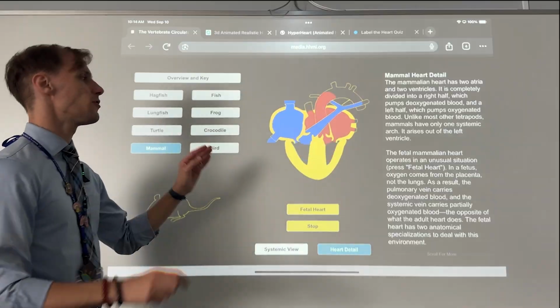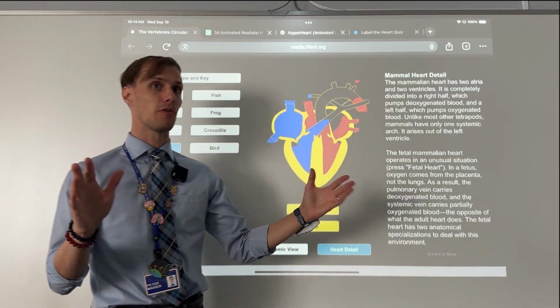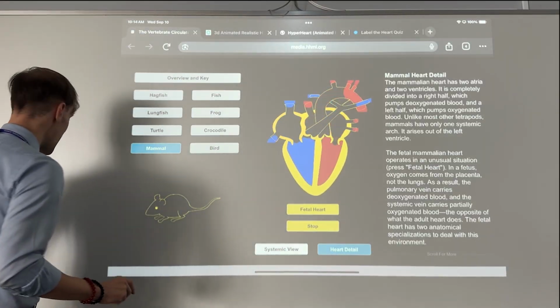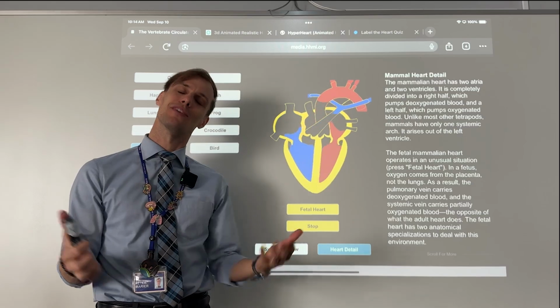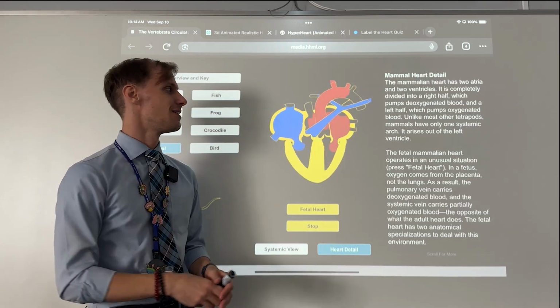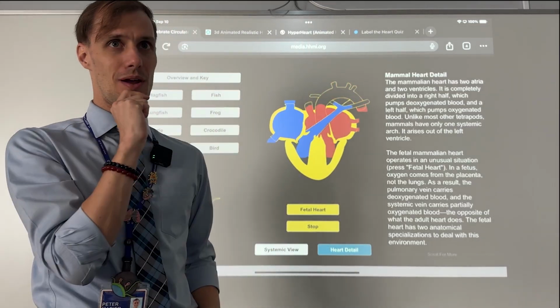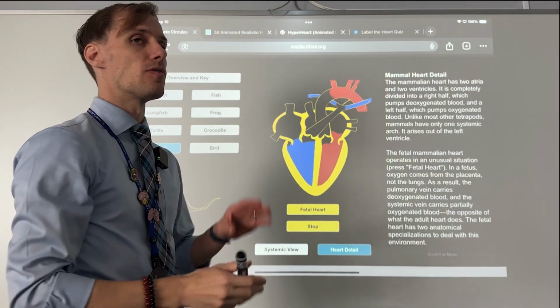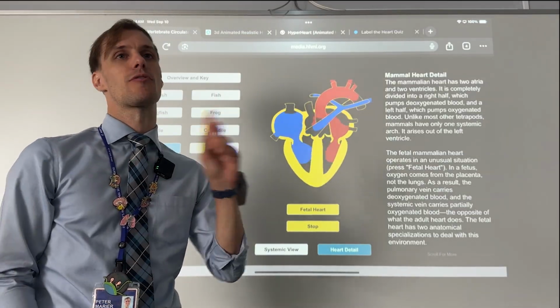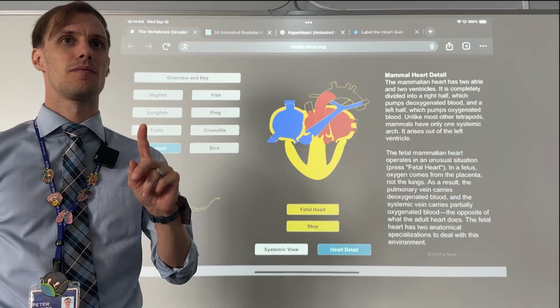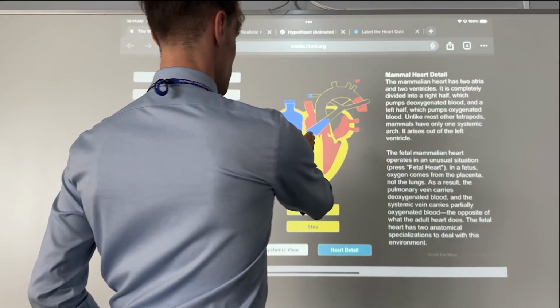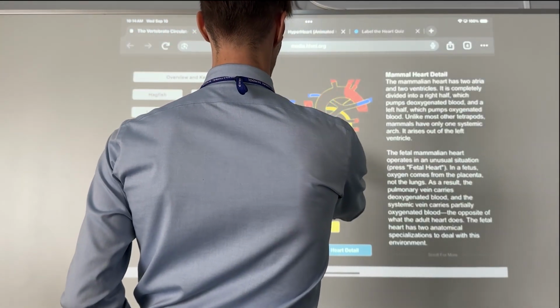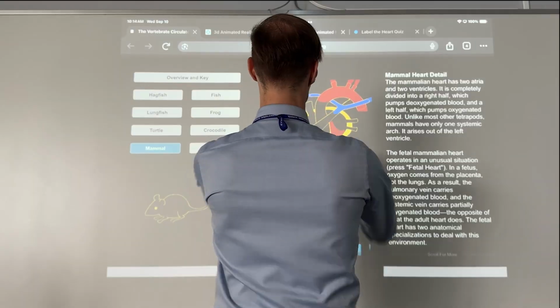A few things about the mammalian heart before we go through, and I think this is a massive area of confusion, and it's understandable. When you're looking at a picture or diagram of a heart, the way that you distinguish left from right is very important. If I'm looking at this straight on, I would say, oh, this is right and left.